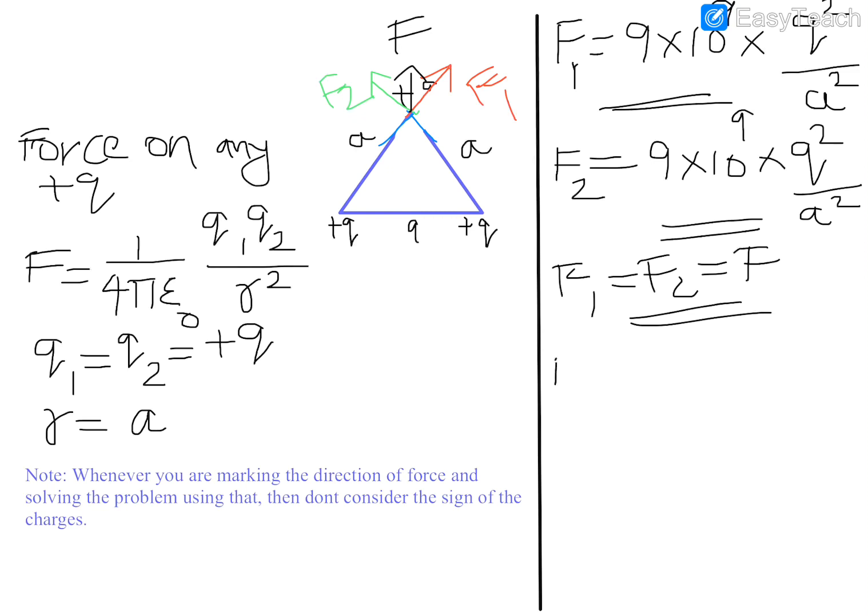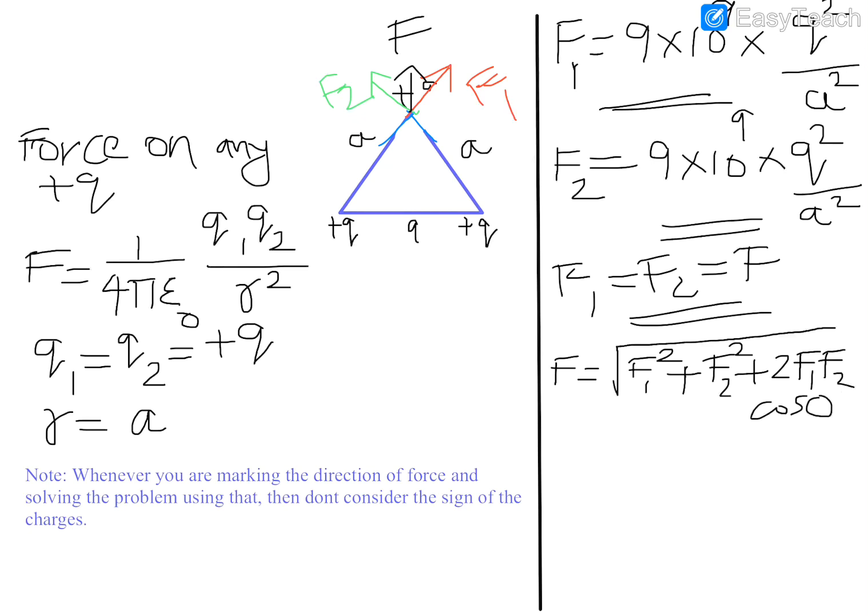Resultant of force F is equal to root of F1 square plus F2 square plus 2F1 F2 cos theta. This cos theta is also in the square root.